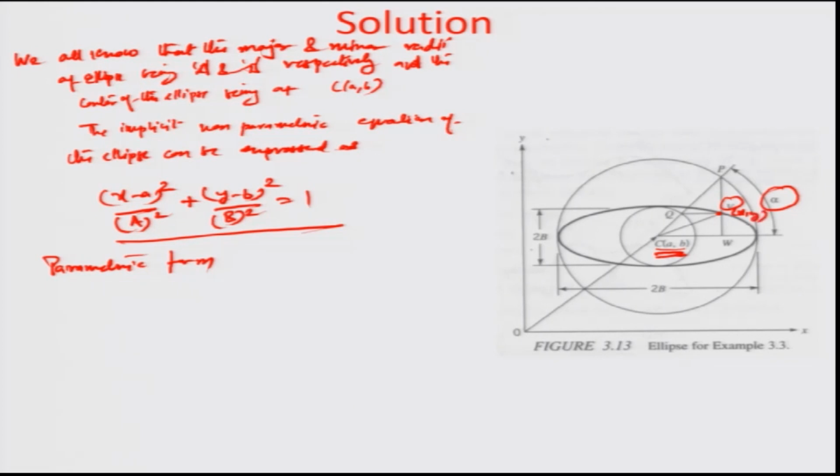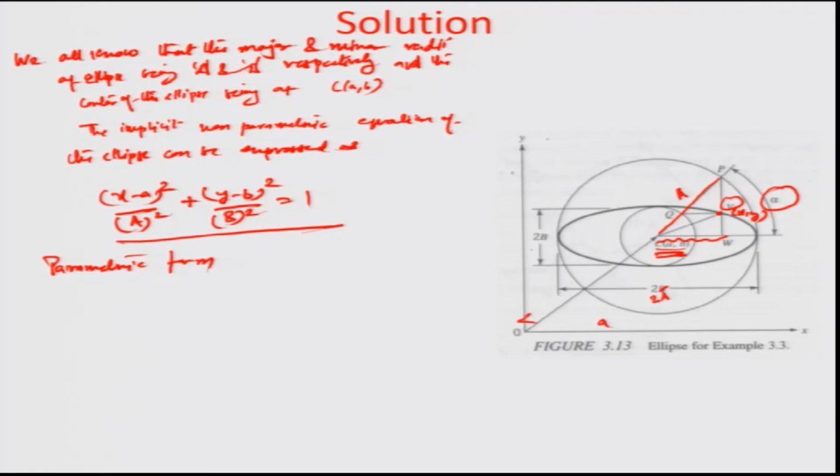The point V(x, y) in this case can be represented as the amount of translation which happened in the x coordinate because of the point C, which is a, plus the x intercept of the radius of the circumscribing circle, which is actually the coordinate A. In this case, it has just been wrongly printed here, it is 2A, which is the major axis of this particular ellipse.